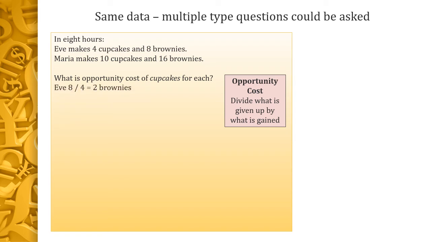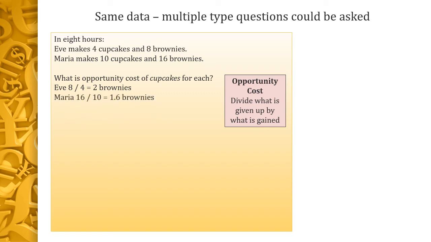For Eve, we have 8 brownies we would give up, and we divide that by the 4 cupcakes. So what we produce is 2 brownies. What we're saying here is that if Eve wants to add cupcakes, for every cupcake she wants to add, she's going to have to give up making 2 brownies.